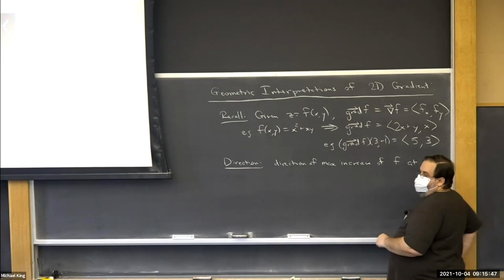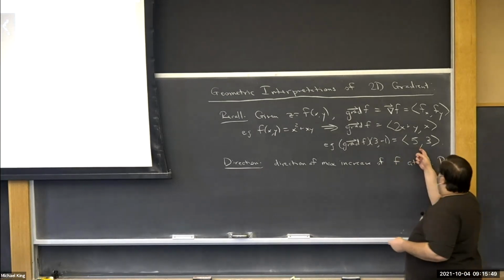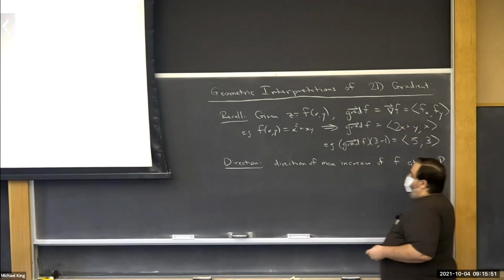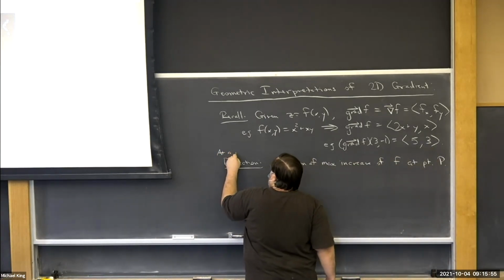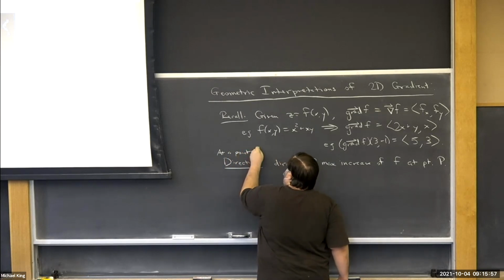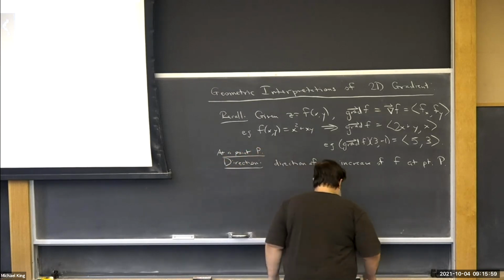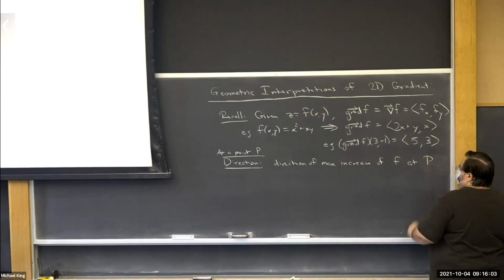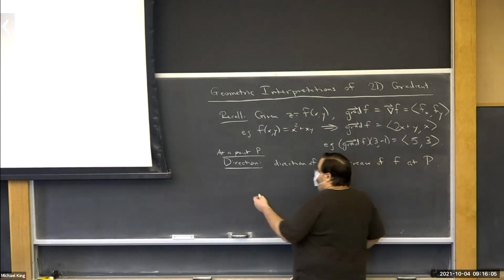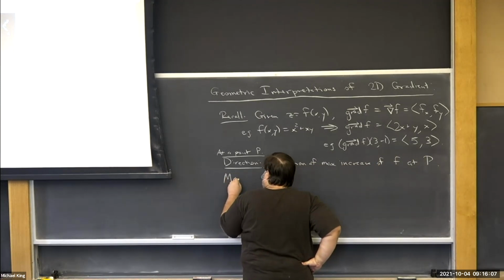So for a specific point, at a point P, it's the maximum increase of f at P. The magnitude is that amount of maximum increase, the rate of increase.